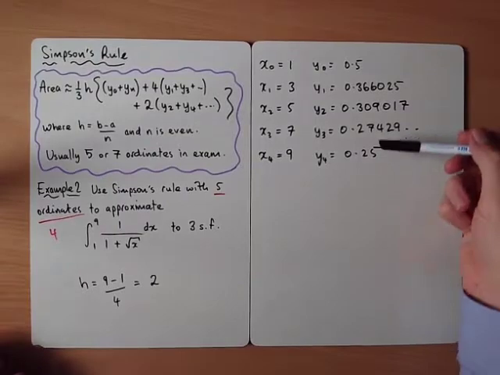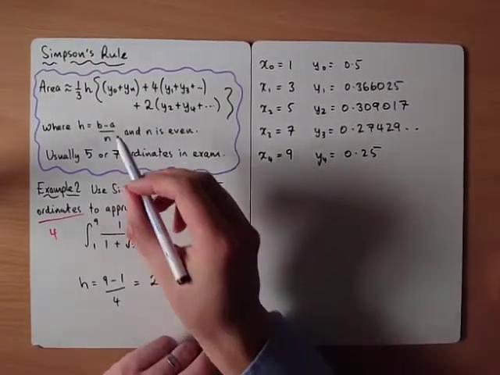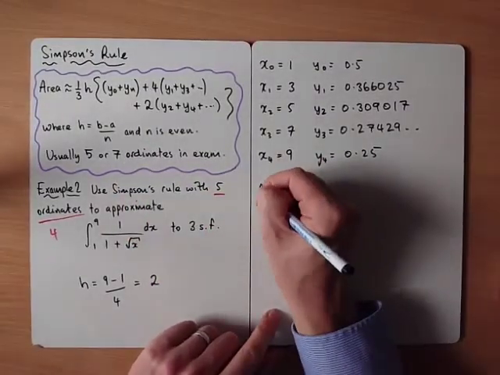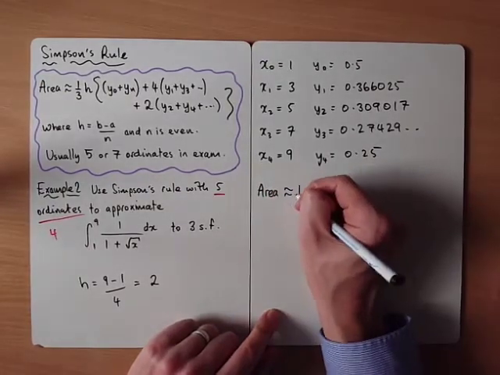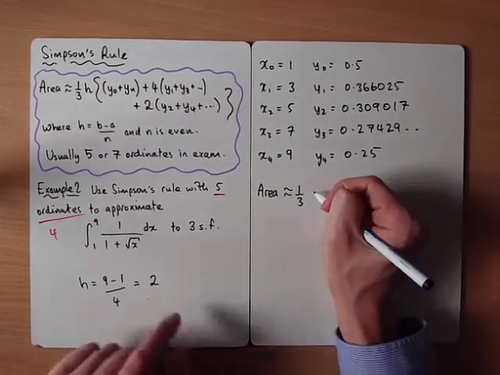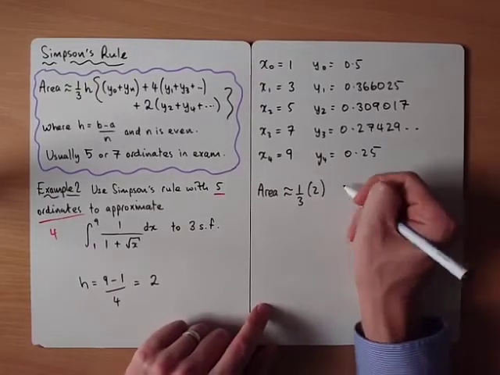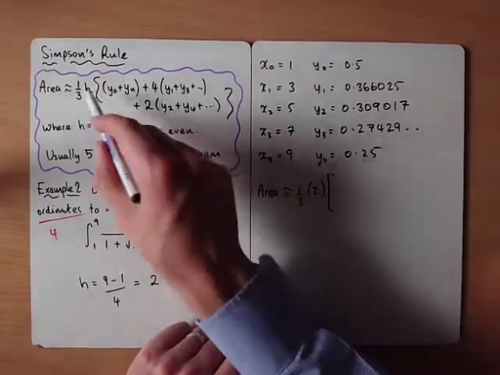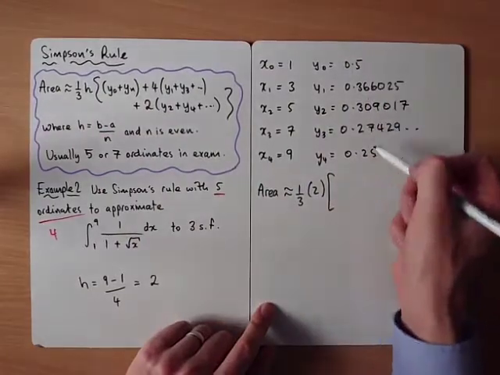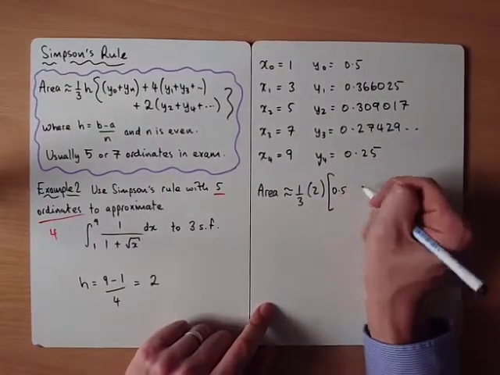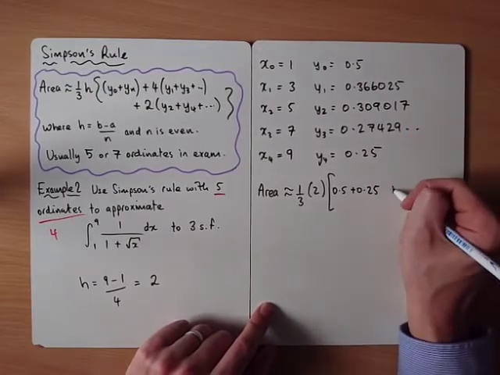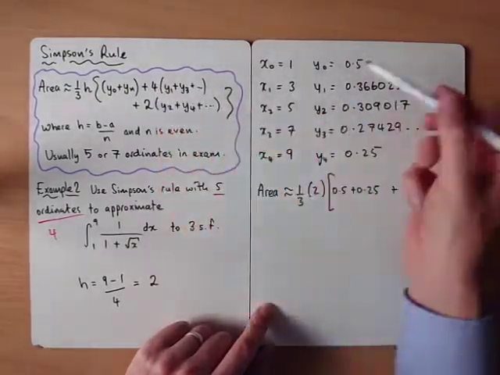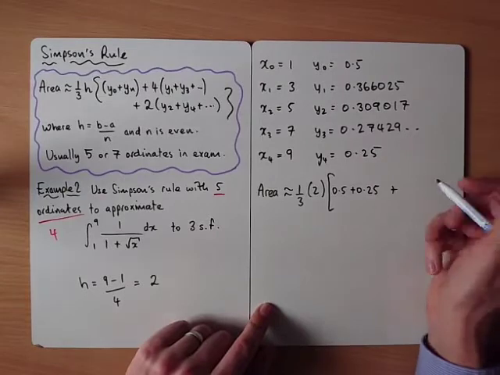Okay, so once we've got these values, we can then sub them into the formula and say that the area is approximately equal to 1/3 of h, which is 2. Open up a big bracket, because we'll all be multiplying by this. 0.5 plus 0.25, first and last. And then we do 4 lots of y1 and y3.